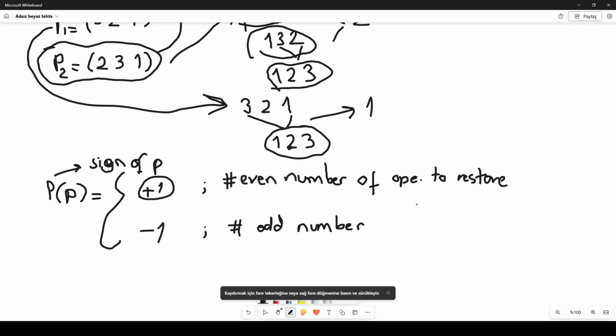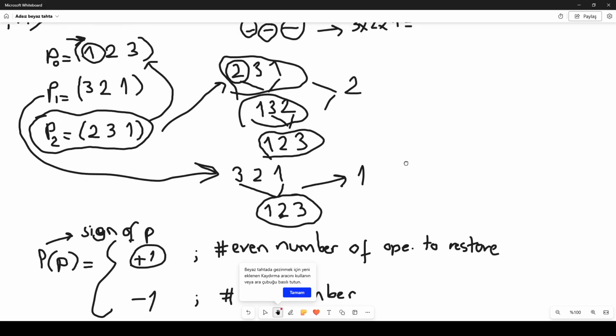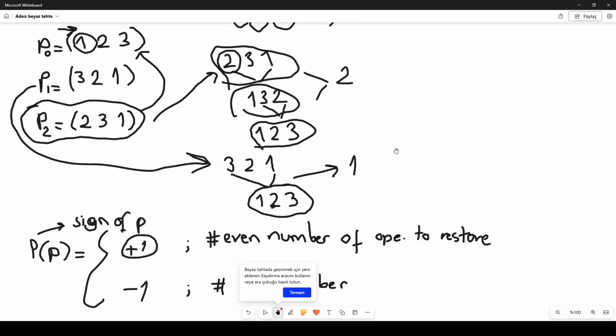All right. Now, having said that, if you look at the example I have just given you above, what can we say? For instance, if I want to write the sign of P1, then what is the sign of P1?